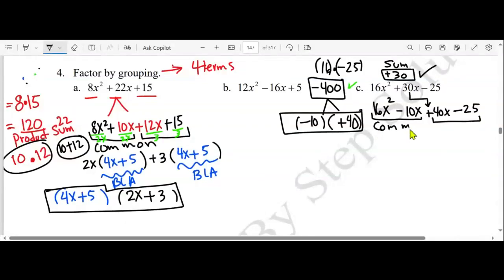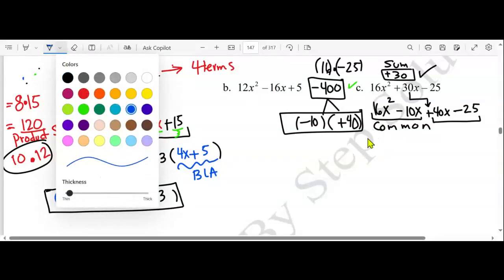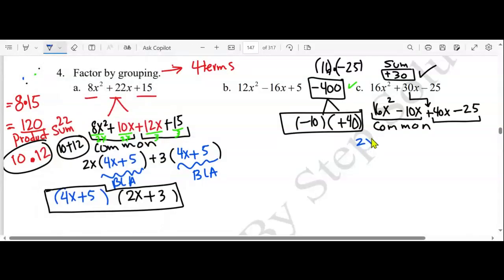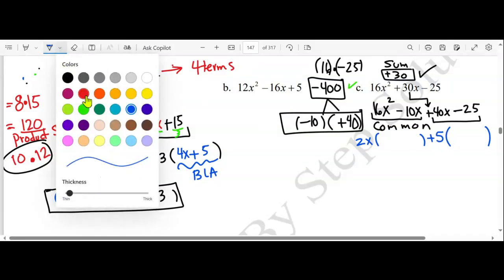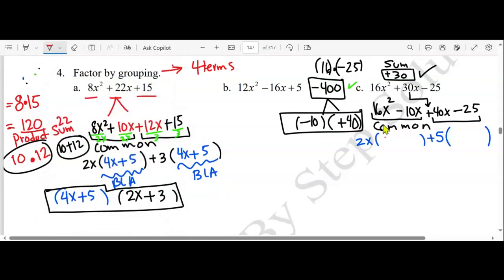What is common in the first 2? 2x. Okay. What about the second 2? What's common? 5. Yes, 5. Okay, what is left?